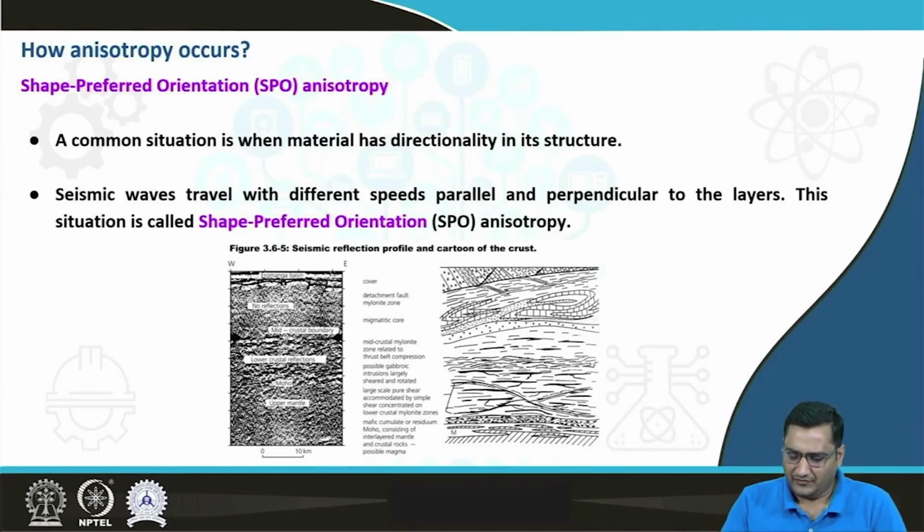If you look at this particular figure, this is the seismic reflection profile and the cartoon of the crust. Whether you move in this direction or in this direction, either perpendicular or parallel to the layer, the seismic waves will travel at different speeds. That is why it is known as shape preferred orientation anisotropy.